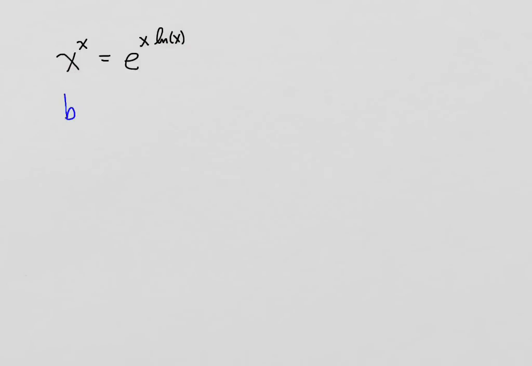That's similar to the argument that if I take b to the x, that's e to the x natural log of the base. So when you're doing your work, you may find it helpful to think about your exponential as e to the x log x rather than this weird formula that we don't know what to do with, x to the x. All right, well, good luck on those problems.